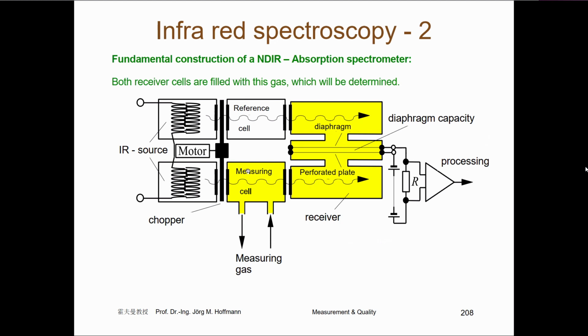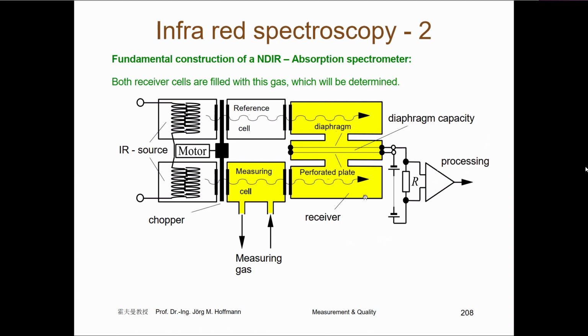But when you have the measuring gas that you would like to measure already in the measuring gas, then you have less heating up in the receiving cell, and you measure the difference in the capacity.